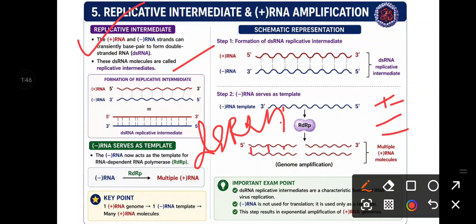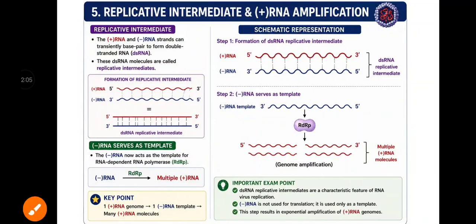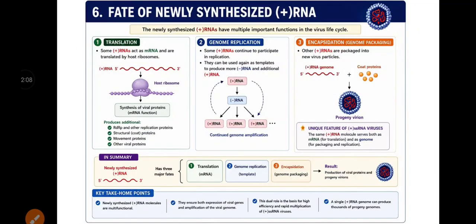Later they will separate, and this negative strand RNA is again used as template for production of more and more positive strand RNA, because the genome of the virus is positive strand. We don't need negative strand, only the negative strand RNA is used as template for the genome amplification. So now whatever newly synthesized positive strand RNA from the negative strand antigenome, what is the fate of that genome or nucleic acid?